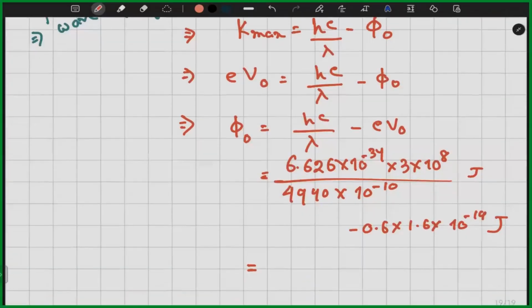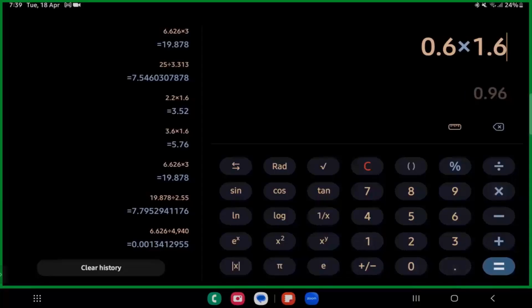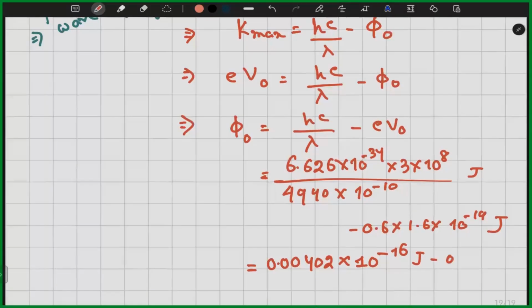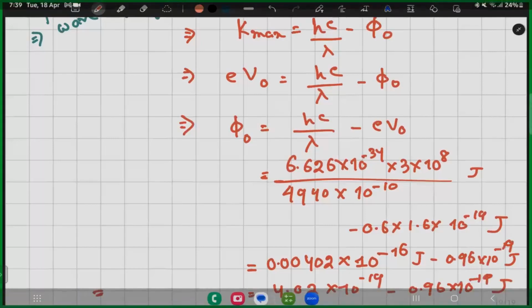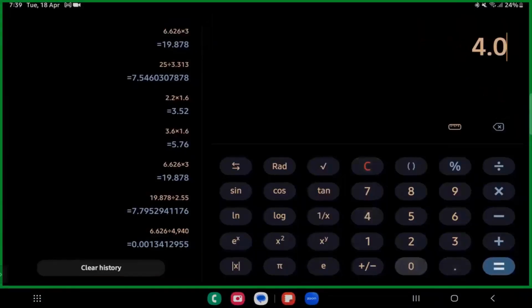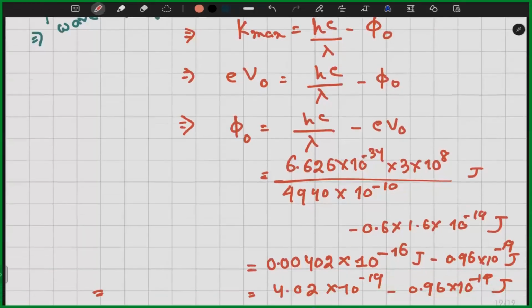0.00402. And it is 18.0.6 into 1.6 is 0.96. So we can write it is 4.02 minus 0.96, so it is 3.06 electron volt.